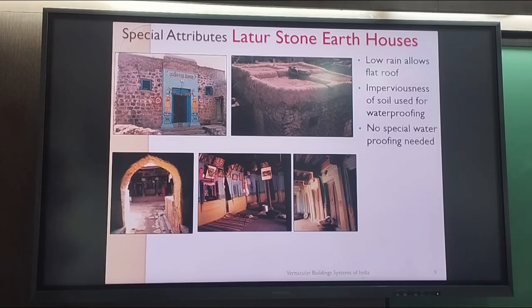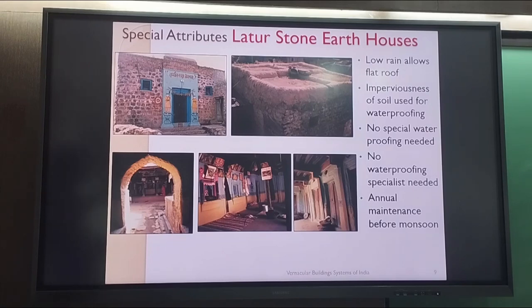So there is no special waterproofing required, which most of the new buildings require, and as a result, you don't need any specialist. That's a big plus. Typically, the roofs are maintained every year before monsoon, because in monsoon the water comes and the weeds start growing. Once in a while they will remove them, but before monsoon they always work on the roof.